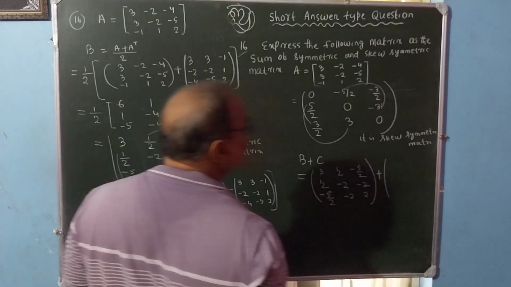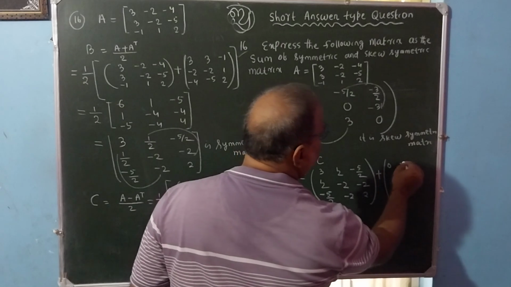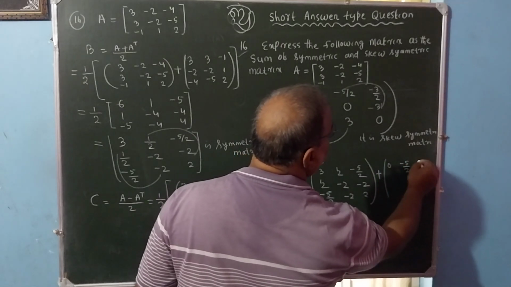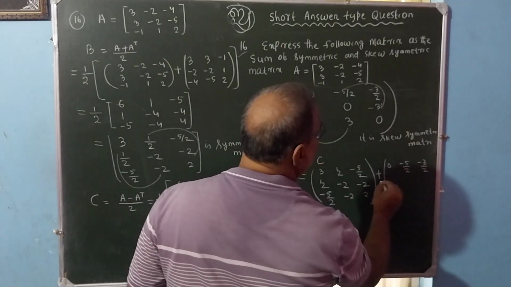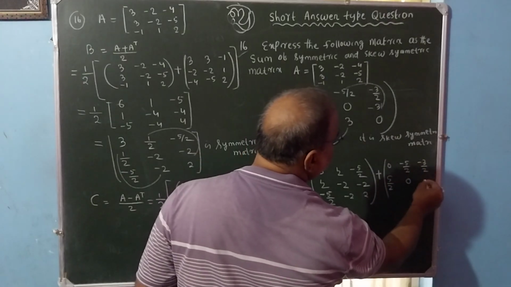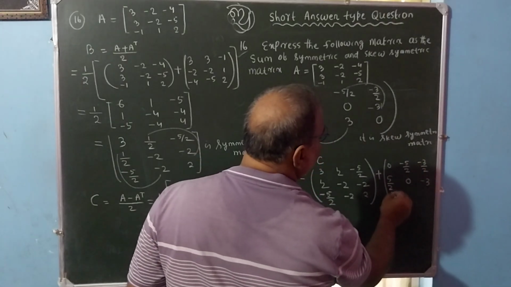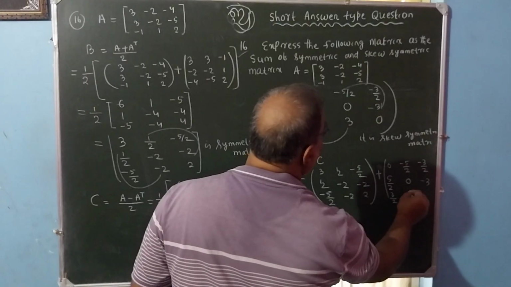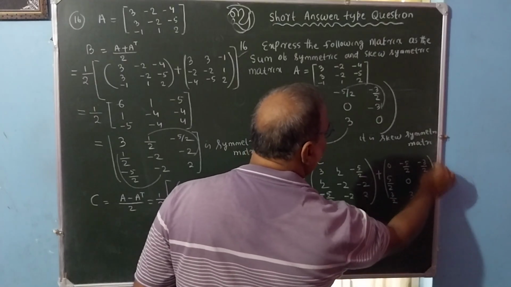C is 0, -5/2, -3/2, 5/2, 0, -3, 3/2, 3, 0.